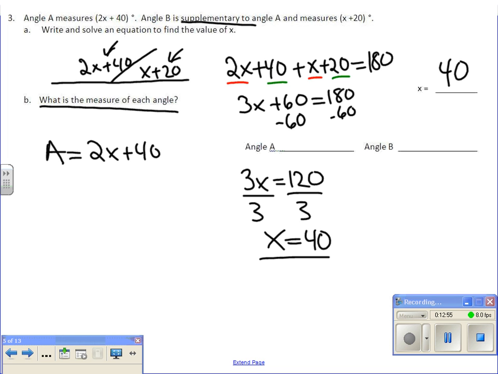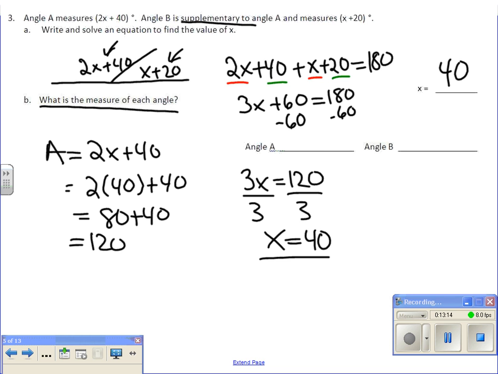I'm going to substitute 40 in for this x right there. So wherever I see an x, I'm going to put 40, and then just evaluate. So 2 times 40 is going to be 80. 80 plus 40 is going to be 120. So angle A is 120 degrees.